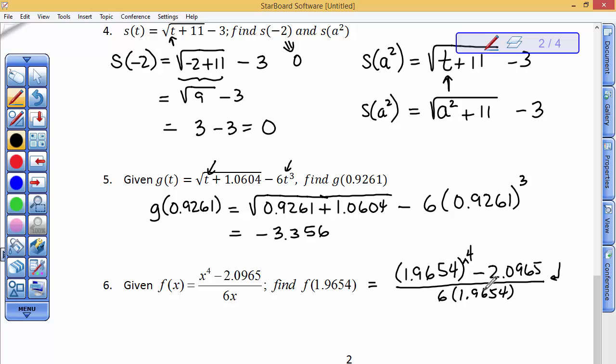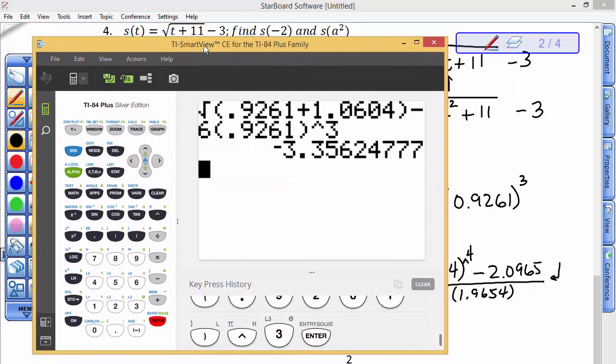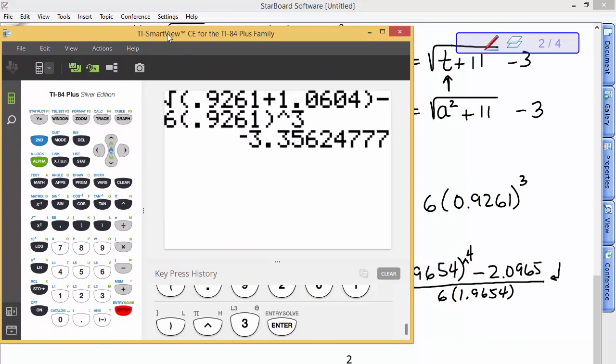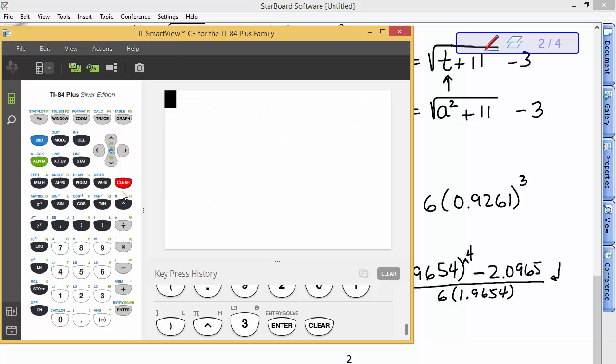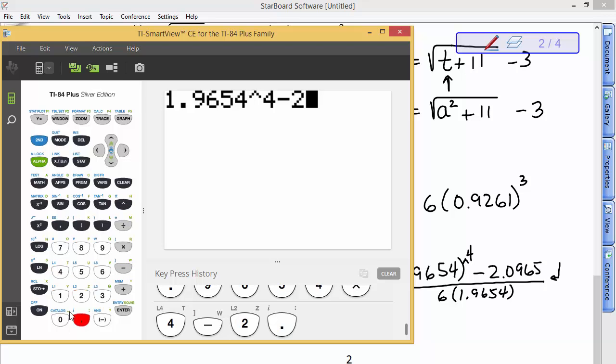So let's go 1.9654 to the 4th power minus 2.0965, and let's just hit enter. That number is 12.824, as I recall.